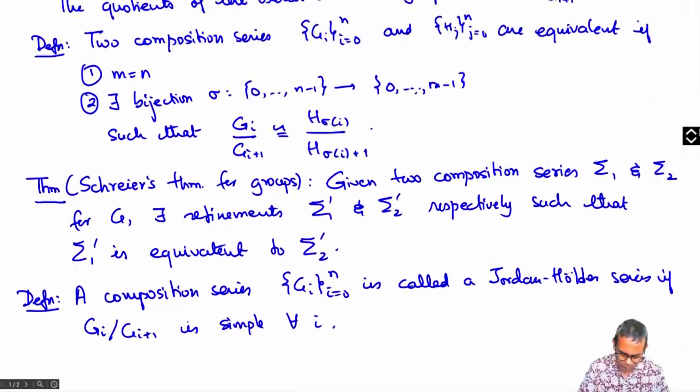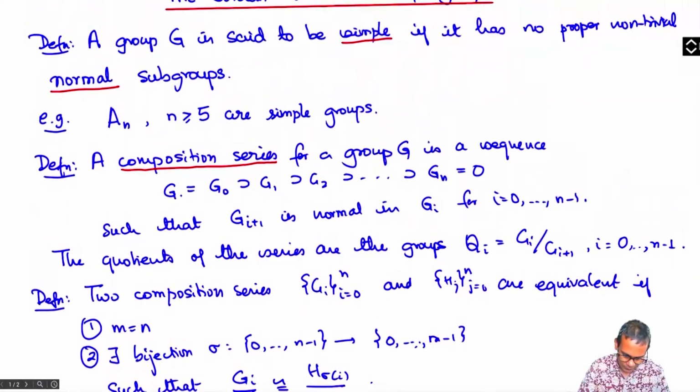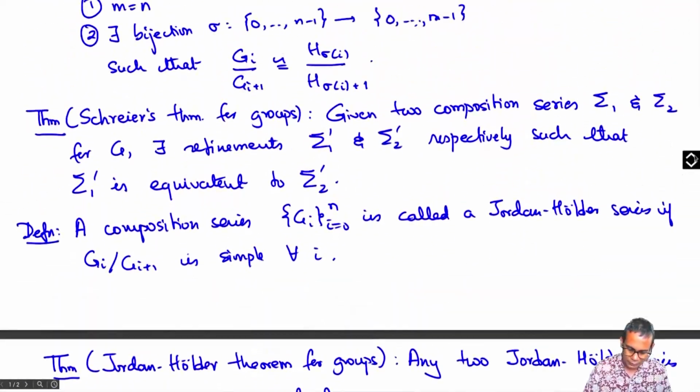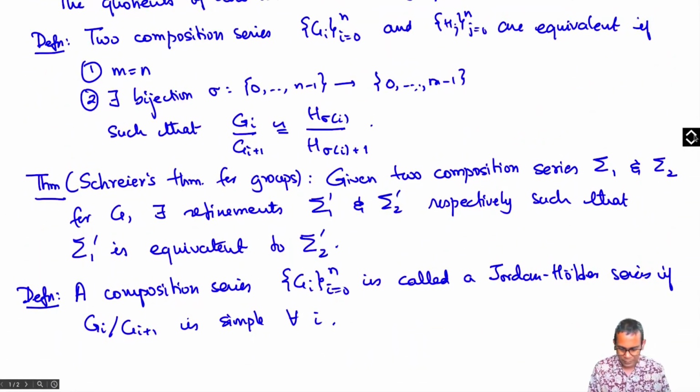Okay, so one more thing maybe I should say is that a group is simple if it is non-trivial and it has no proper non-trivial normal subgroups. So we do not consider the trivial group to be simple.